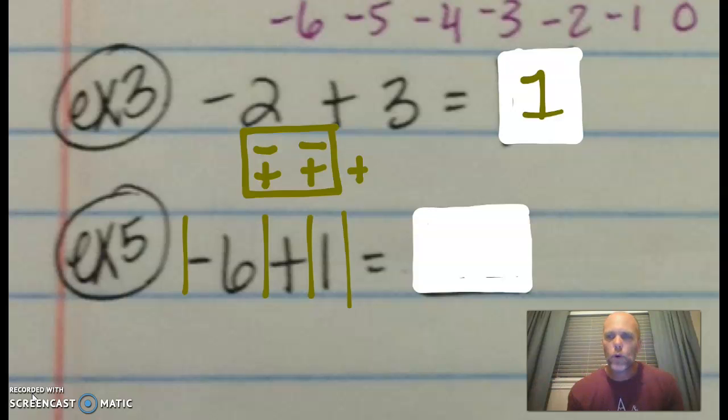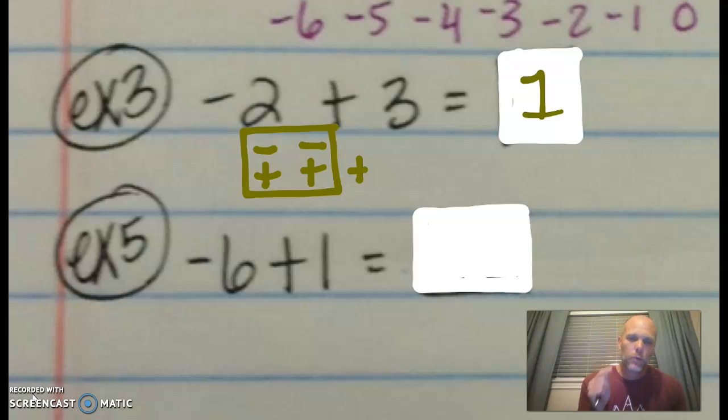What do I have more of? Absolute value means just focus on the number, right? What do I have more of? I have more 6s, right? How many more do I have? How many more negatives do I have than positives? I got 6 negatives and 1 positive. So what's the difference there? It's 5, right? But here's what you do.